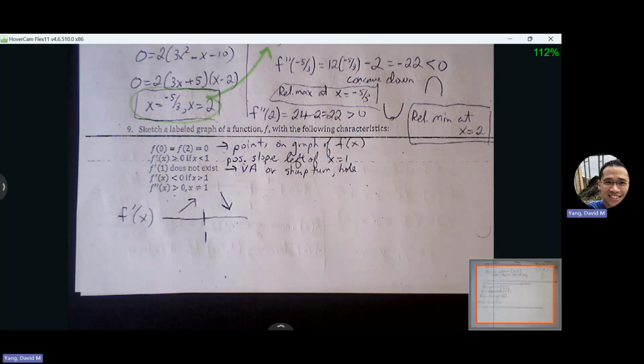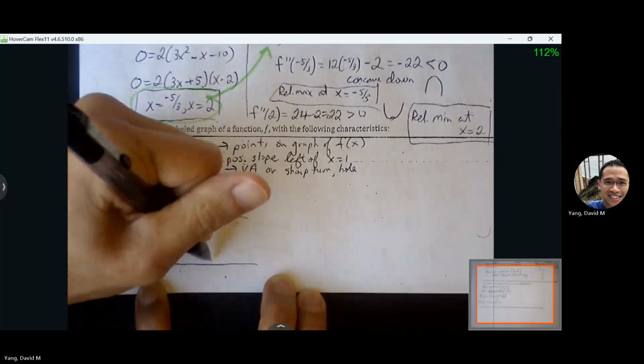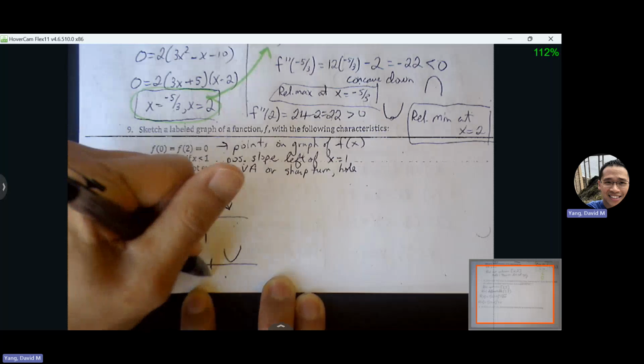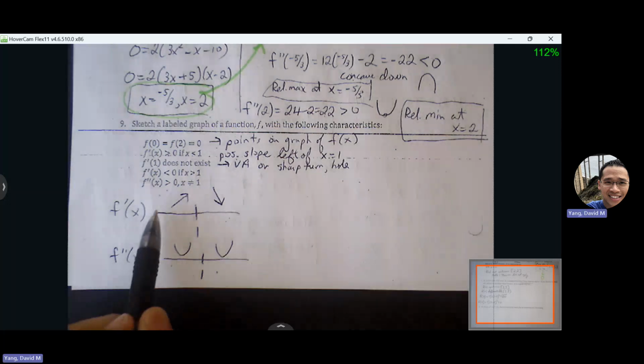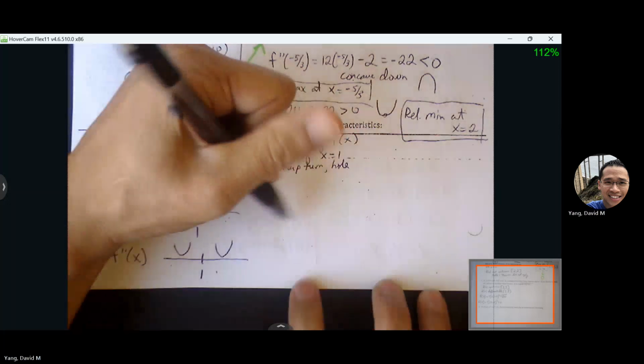And so there is a critical point that we can create. So at 1, we're going to create concave up on both sides of 1. So we're just going to try to create a graph that is visually consistent with our slope as well as our concavity.